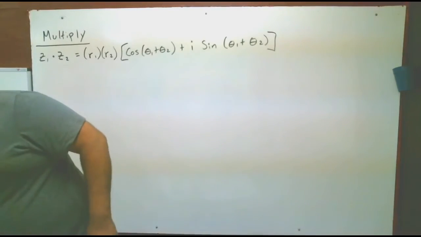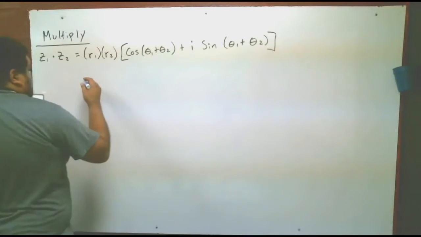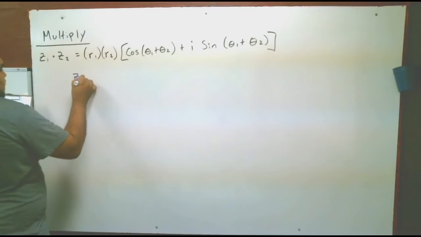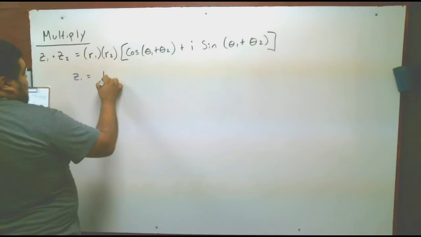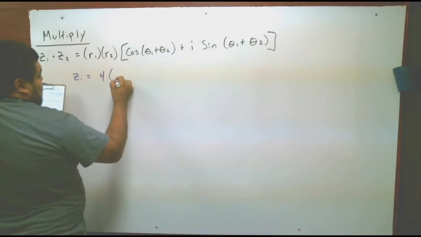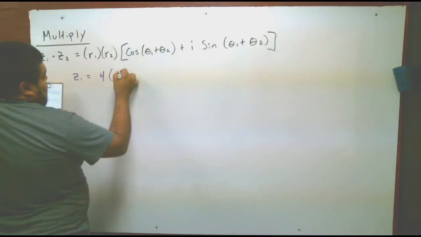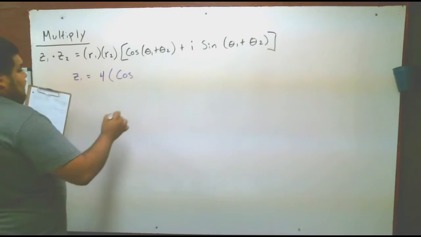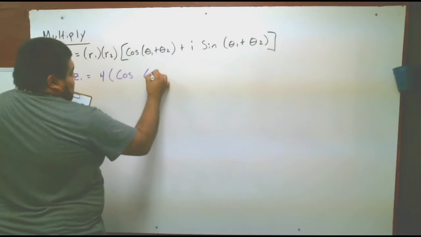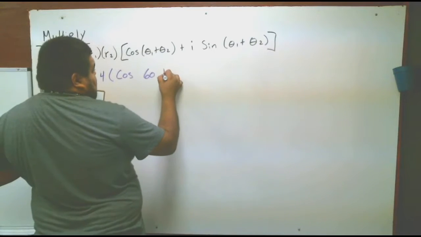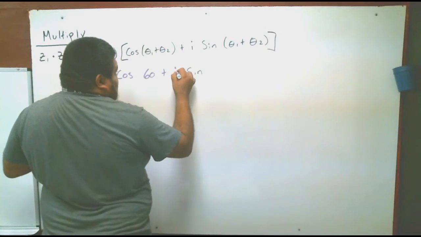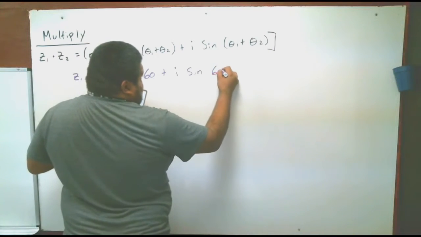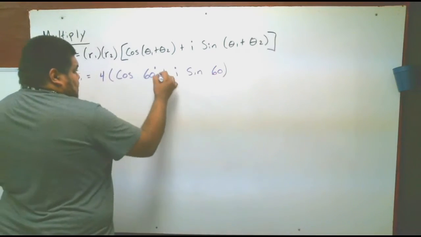If my problem is Z1, our first problem, equals 4 parentheses cosine of 60 degrees plus i sine of 60 degrees.